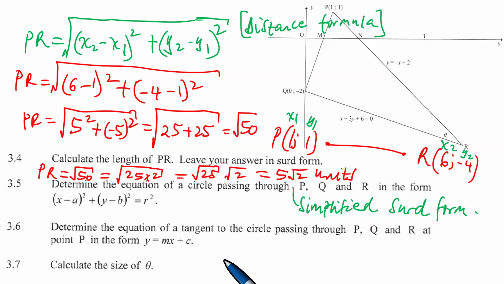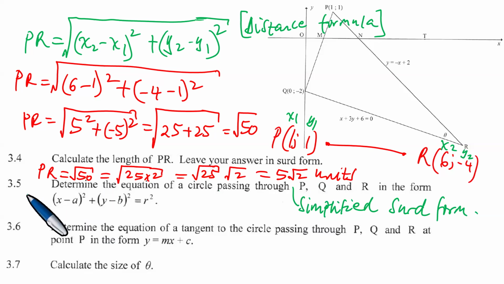The examiner said, leave your answer in surd form. What is a surd? Well, a surd here is the square root of 2. The square root of 2 is a surd, because the square root of 2 is irrational. If the square root of a number is irrational, therefore it is called a surd.